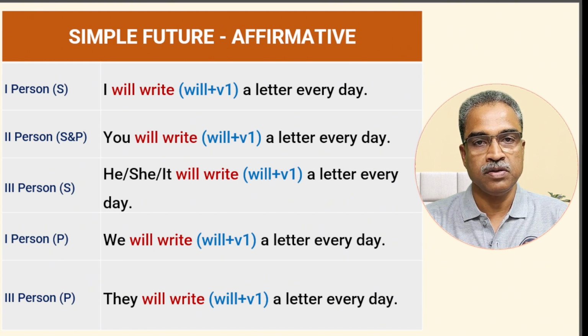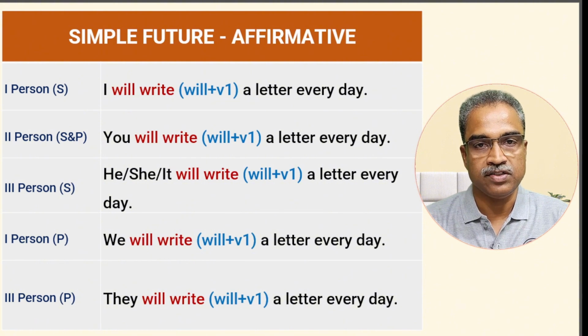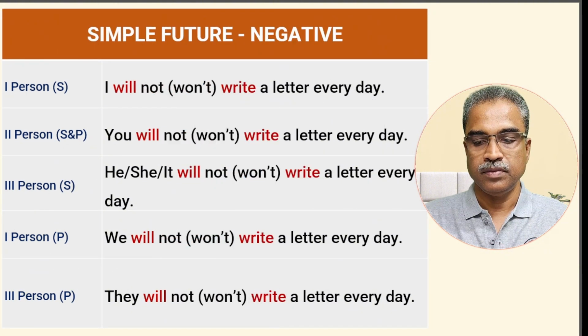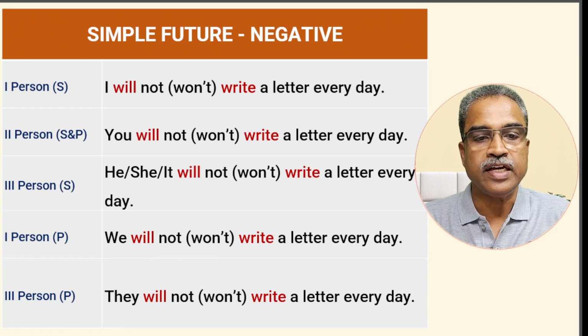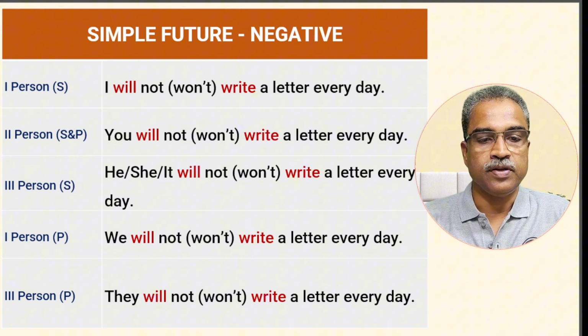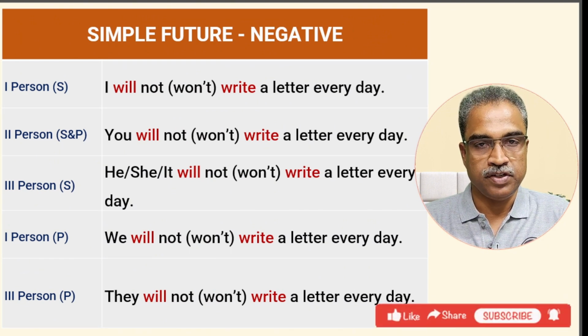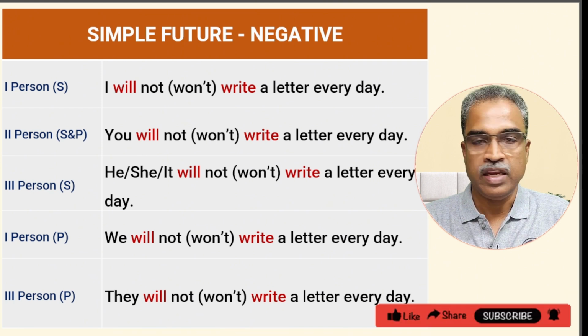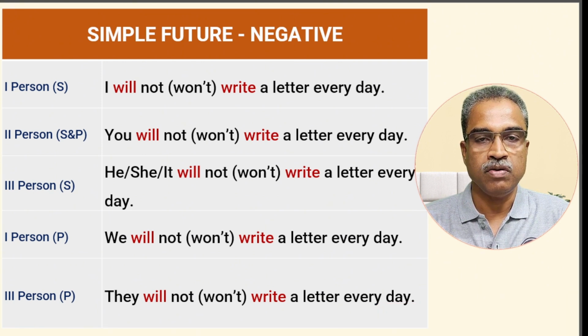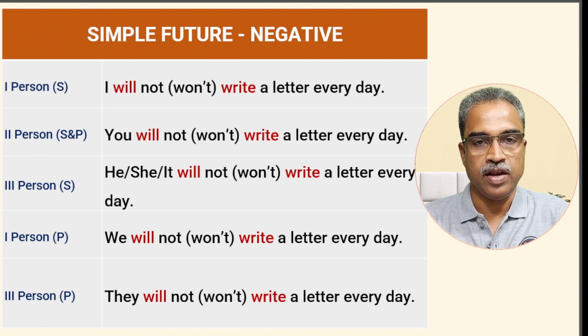And now let's go to the next part, and that is making or framing sentences, statements in the negative. How we should go about it, let's see now. So simple future, negative. First, always the subject first, any subject, any pronoun or any noun that we use, plus will or shall.